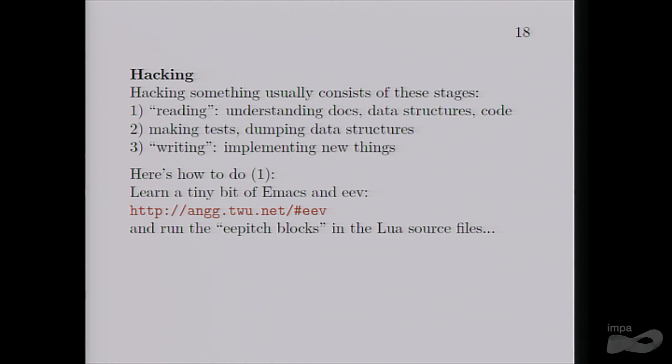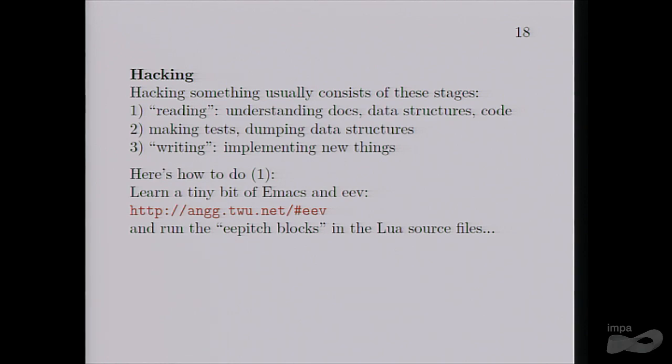So suppose that you want to understand this and you want to hack this, and hacking usually consists of 3 stages. The first stage is that you want to read things, which means you want to understand the docs, the documentation, the data structures, and the code. The second stage is that you want to make non-trivial tests, and you want to dump data structures.